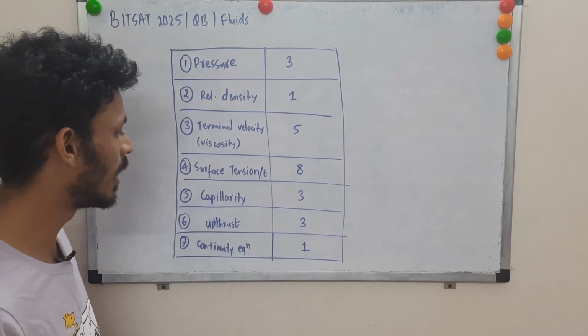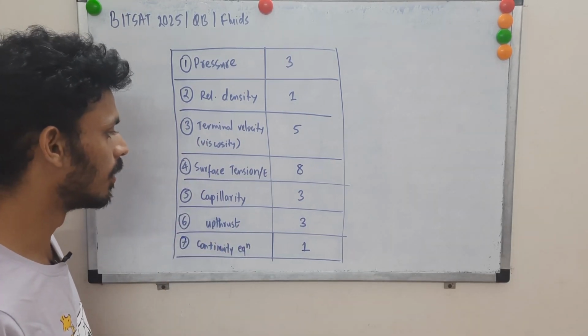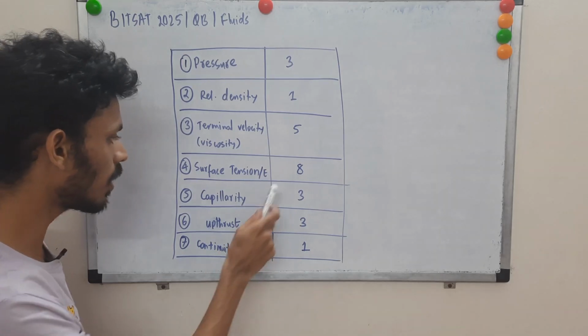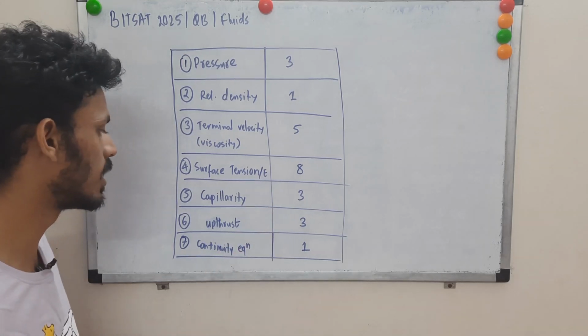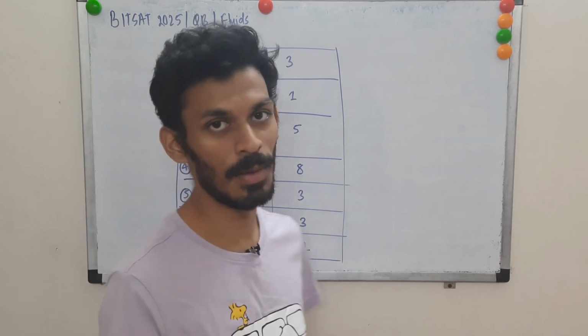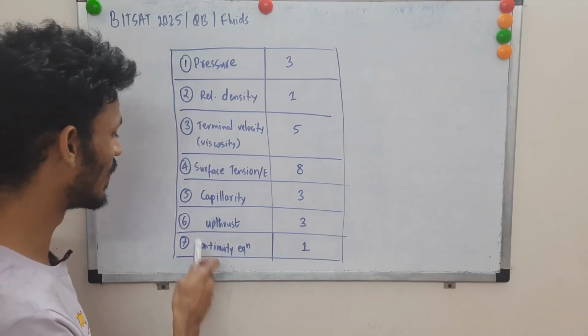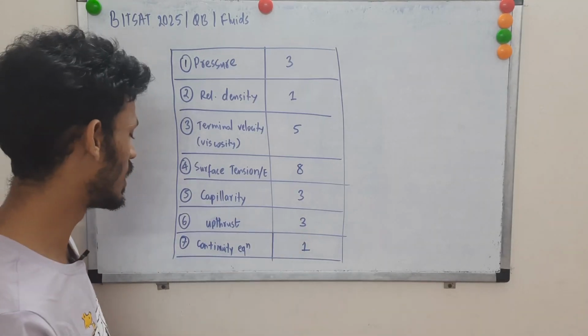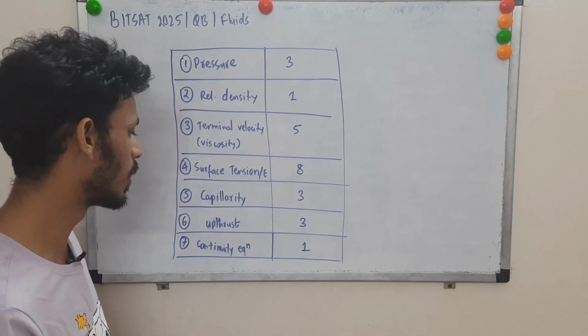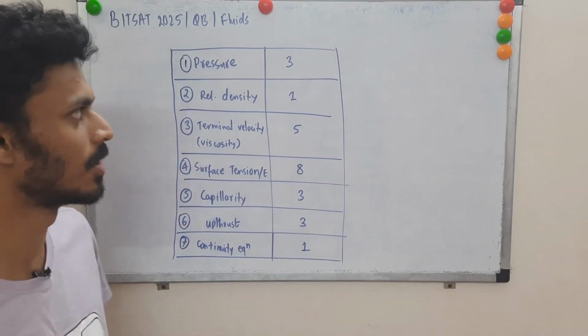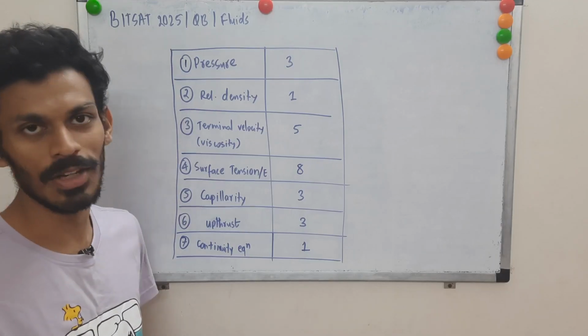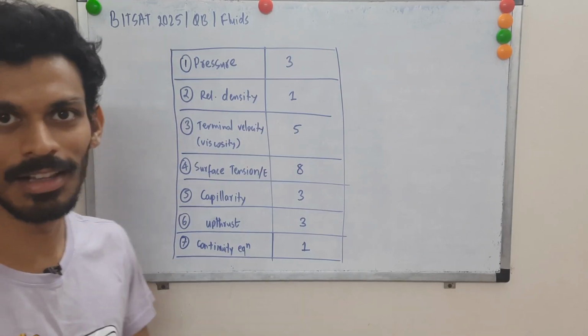Capillarity rise in a tube, about 3 questions. Upthrust and Eureka, 3 questions as well, and finally the continuity equation, only 1 question. That was the brief previous year weightage. Let's tackle the questions now.